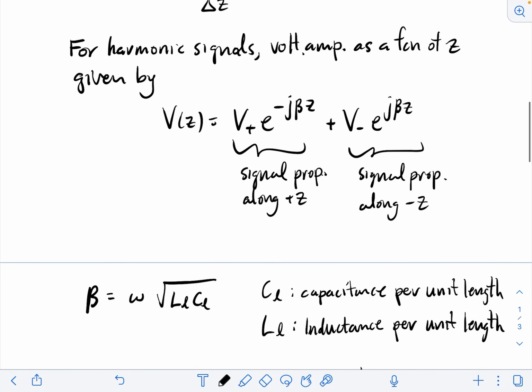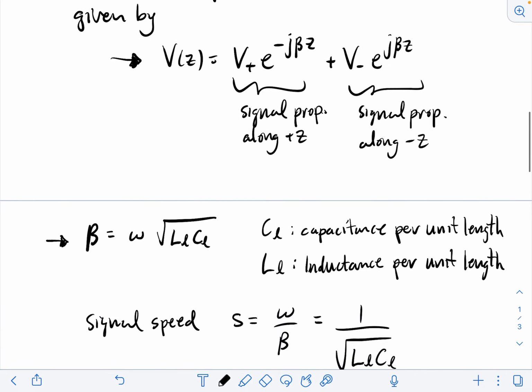We also went through an analysis of this wave equation, and the solution we have written here was valid provided we had a specific form for beta. Beta had to be equal to omega, the angular frequency, times the square root of the capacitance per unit length times the inductance per unit length.